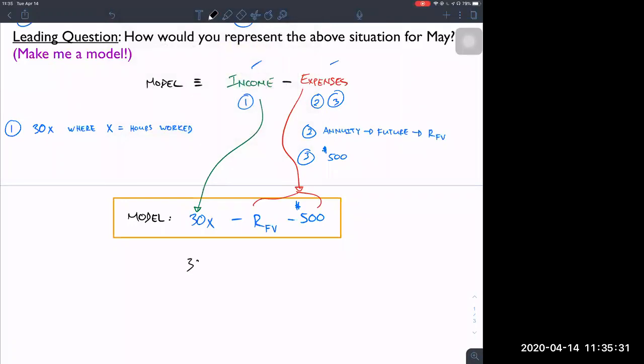You could have even written it as 30x minus, and then in parentheses here, the monthly payment plus 500. But they're the same thing, right? Just realize that if you subtract off each component or each expense, that's the same thing as subtracting the total or the sum of all your expenses together. So either of these are correct, okay?